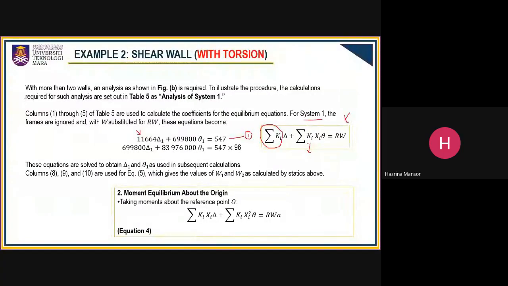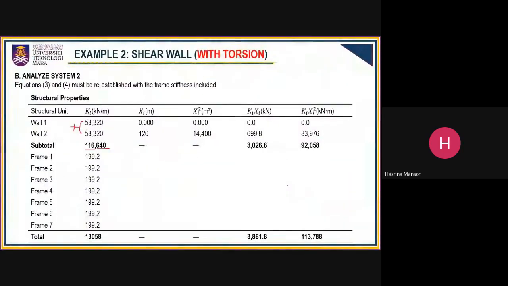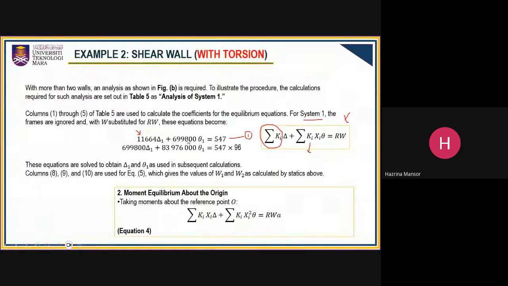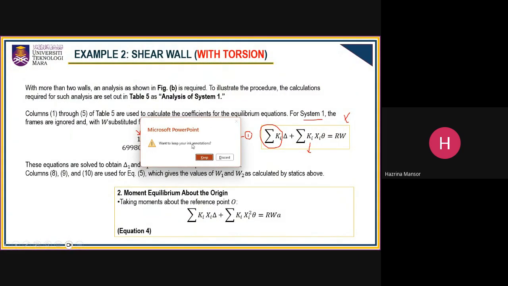And then summation with the other one, which means you have 58320 times 120. So here in the end, you will calculate it. You will have, hold on, 58320, okay, times 120. So you will get 699,800. Okay, you will get 699,800.